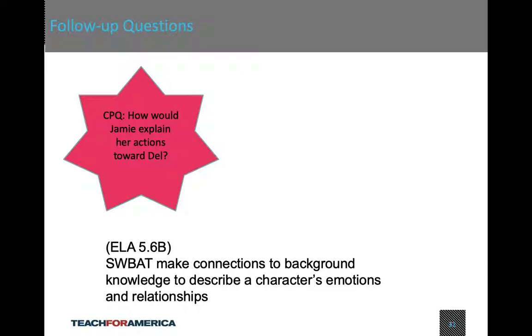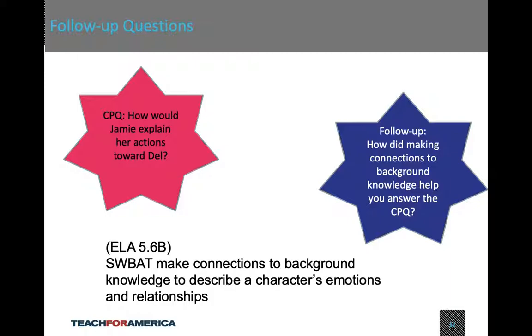When we're looking at our post reading, we want to be discussing that CPQ, but we also want to recenter ourselves on that strategy we taught. So during this week, we were looking at our strategy of making connections to background knowledge to describe a character's emotions and relationships. We also will want to think about maybe follow-up questions to the CPQ to ground ourselves and our students back into the strategy we've used.